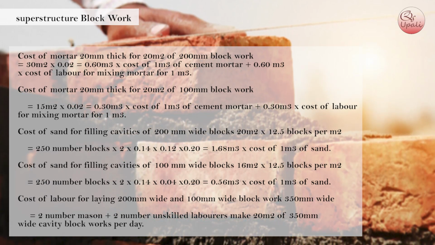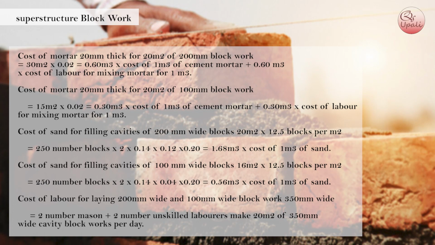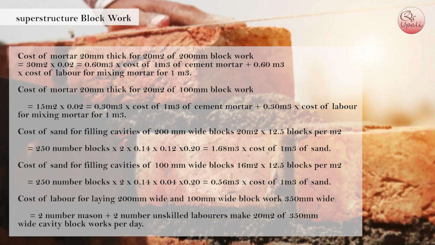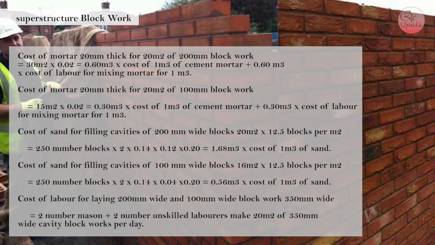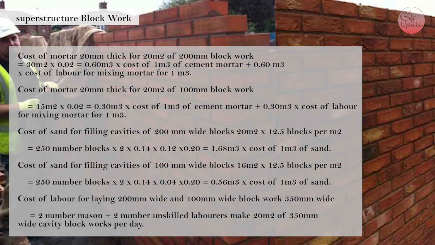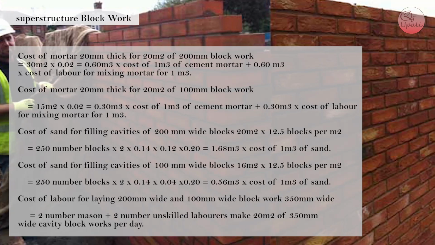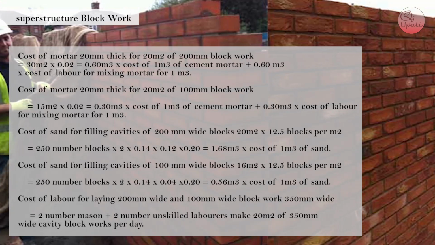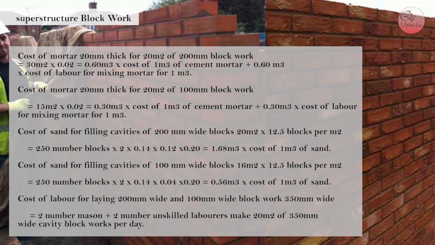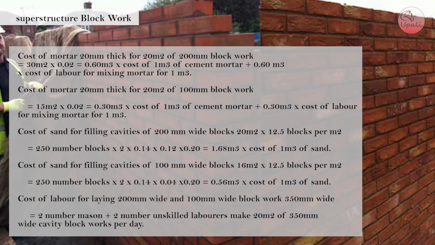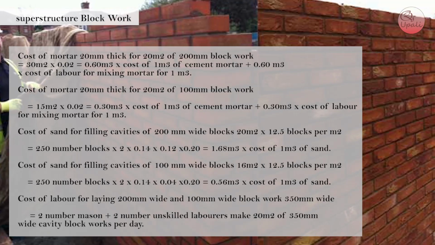Cost of sand for filling cavities of 200 mm wide blocks: 20 meter square into 12.5 blocks per meter square equals 250 numbers of blocks into 2 into 0.14 into 0.12 into 0.2 equals 1.68 meter cube into cost of 1 cubic meter of sand.